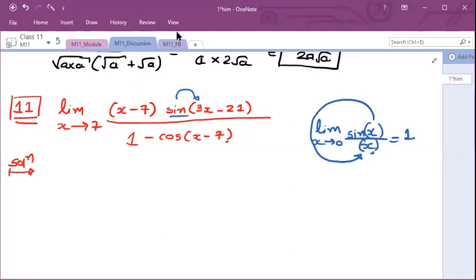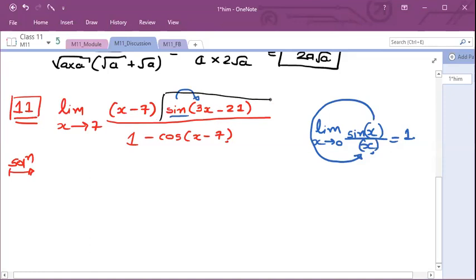Okay. Many students are suggesting different formulae. So first of all, understand this. This is your sine 3x minus 21. Even here, if you have to take 3 common, you can take 3 common like this: sine 3 times x minus 7. So if I have to use this formula, in its denominator I should have 3 times x minus 7 or not?